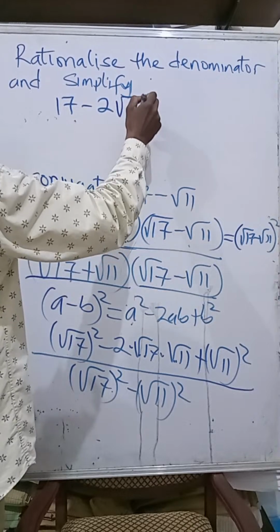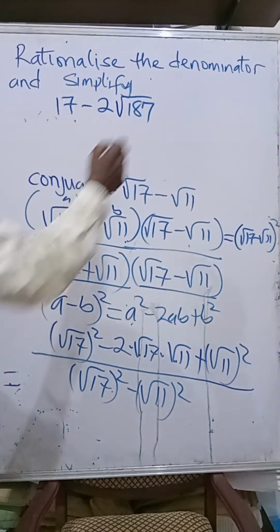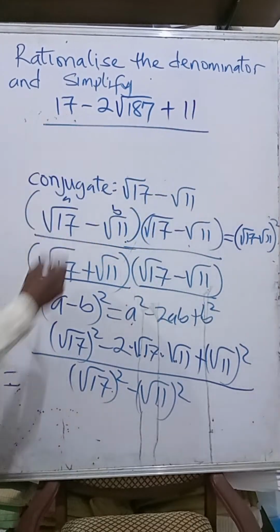Then plus root 11 squared, that's plus 11.